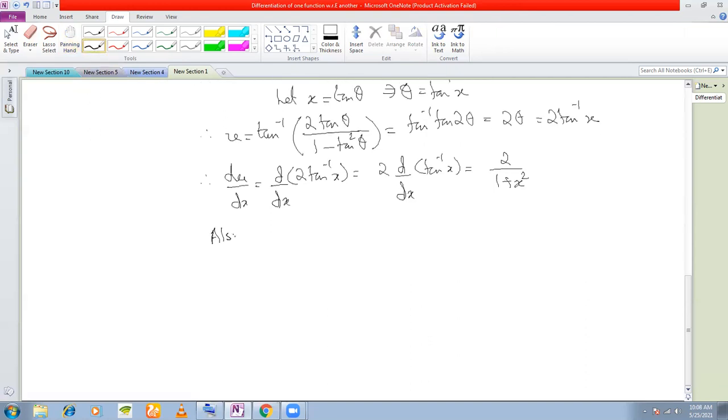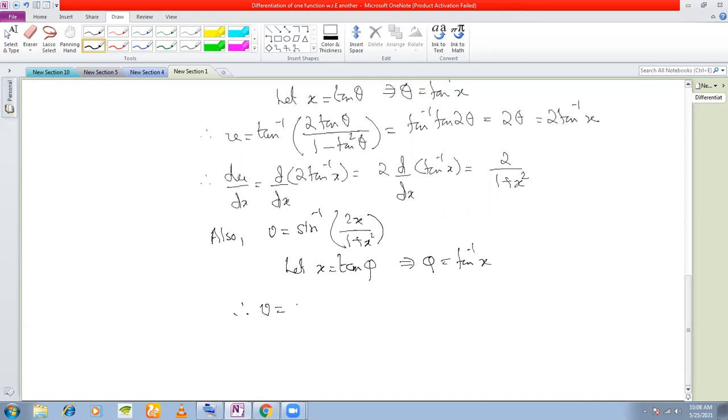Also, v is equal to sin inverse 2x by 1 plus x square. Again, we substitute x is equal to tan phi, changing the angle. So phi is equal to tan inverse x.